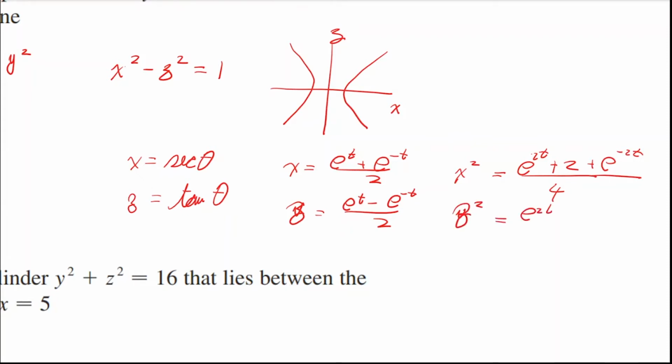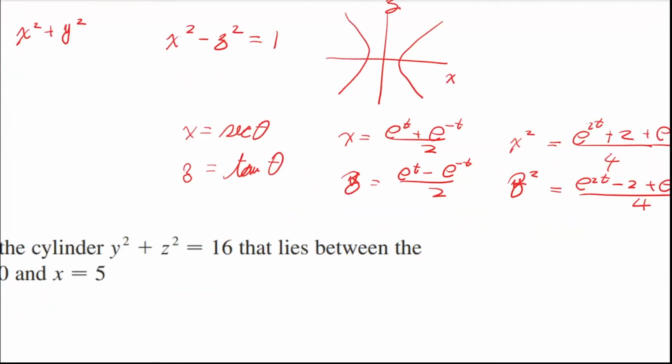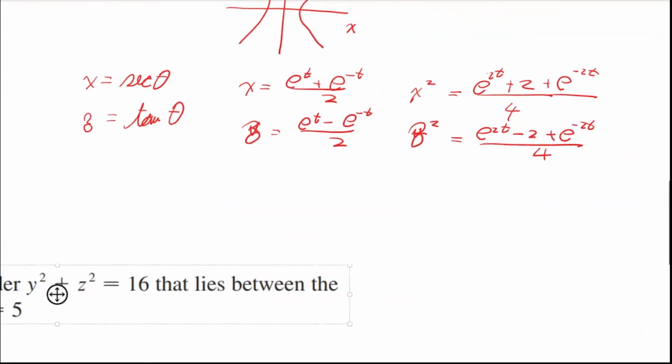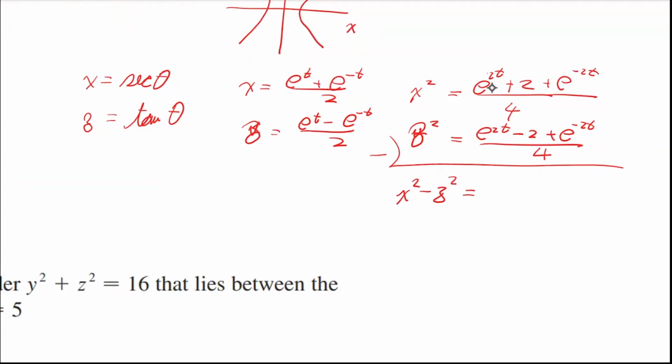And that's likewise e to the 2t minus 2 plus e to the negative 2t over 4, isn't it? Then if we subtract vertically, I'm going to push this guy down. If we subtract vertically, then what happens? Then we get x squared minus z squared is equal to, this e to the 2t cancels, that becomes 4 over 4, this e to the negative 2t cancels, so bang. How about that, huh? That's very nice now, isn't it?